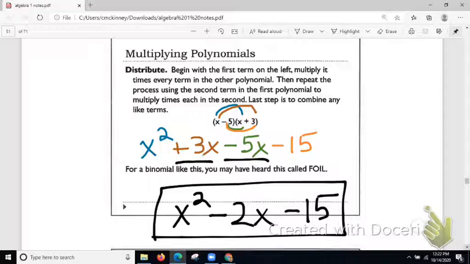So since they are binomials, sometimes you in traditional school might have heard that called FOIL.